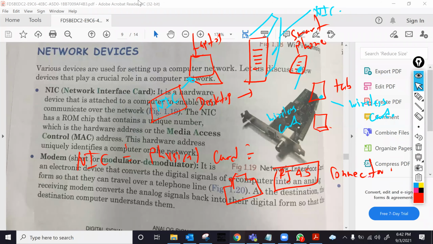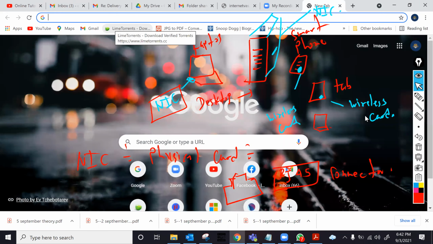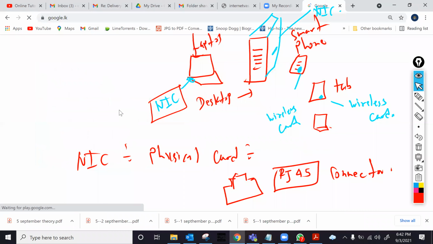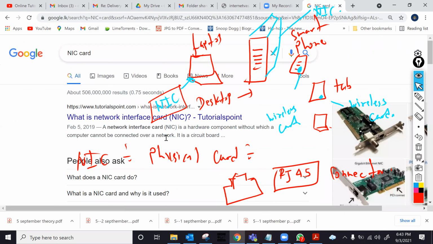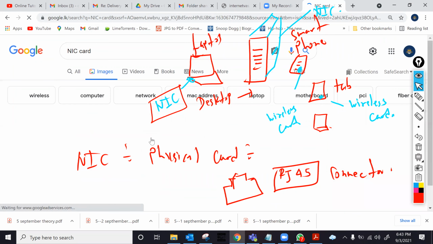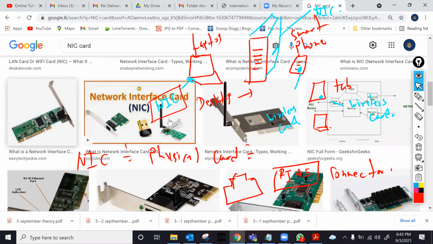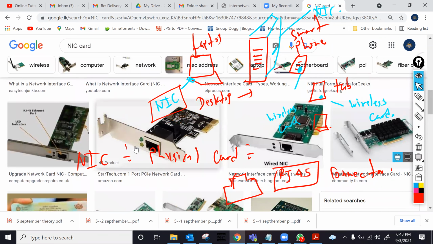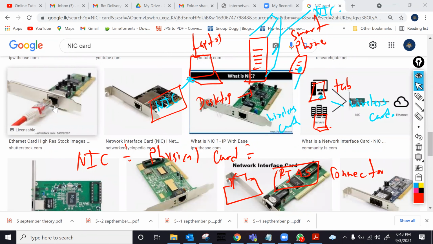Let me check. Right here. So this is the card. This is the NIC, the network card. So we can plug a network cable into it.